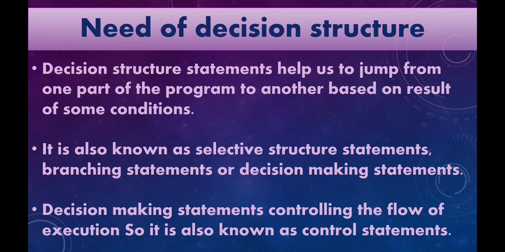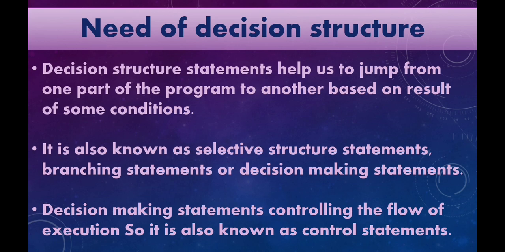If the condition becomes true, the program flow will execute the true statement. If the condition is false, it will give another message, or it will lead you to the end of the program. So the decision structures are controlling the flow of your program, and that is why they are also known as control statements.